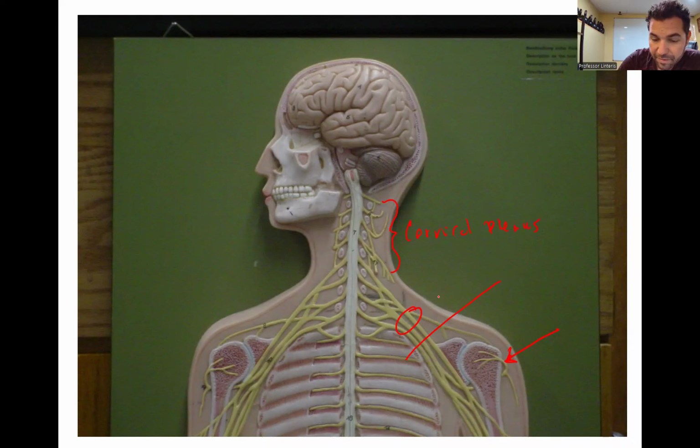Cervical plexus, brachial, intercostal nerve, and axillary. Right. Cool. Next time we have lab, we go over this part, which is crazy.